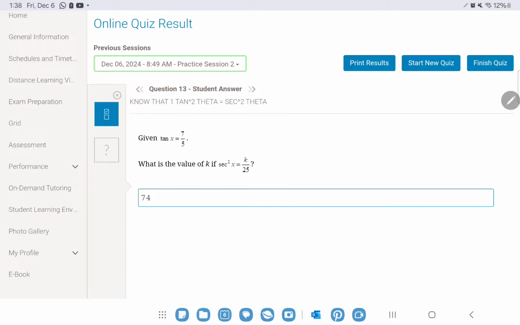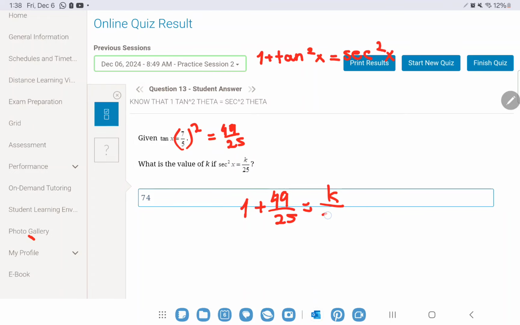This is almost the exact same thing. Let's solve it again. 1 plus tan squared x equals secant squared x, this is our identity. So we need to square this, which gives 49 over 25. 1 plus 49 over 25 equals k over 25.